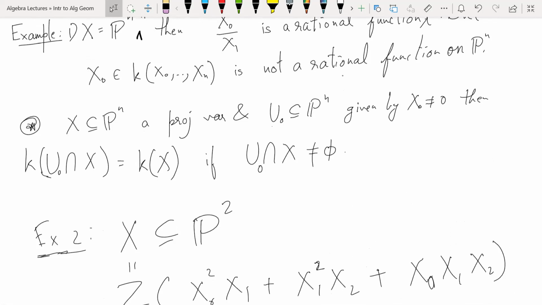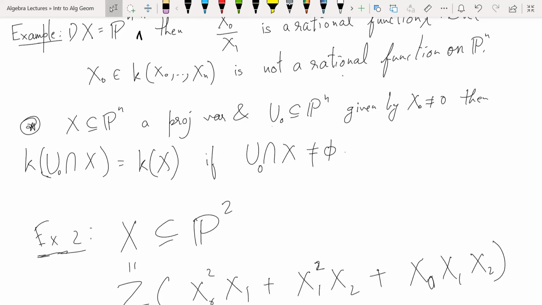Okay, I mentioned this and assigned it as homework. In fact, if X is contained in Pn, a projective variety, and U0 is contained in Pn given by x0 not equal to 0, then U0 intersection X is an affine variety. If U0 intersection X is non-empty, then it is a non-empty affine open subset.